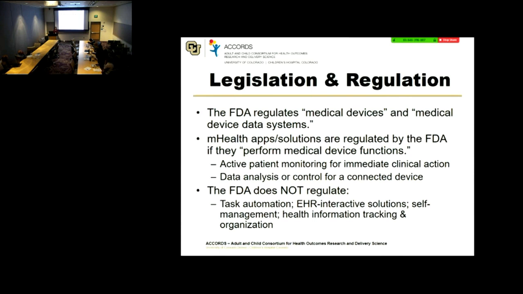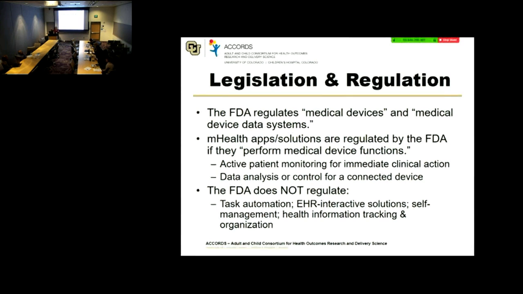If it's not performing a medical device function, if it's more of a wellness thing, or if it's providing information that doesn't necessarily lead directly to a change in clinical treatment or medical outcomes, they are not interested in regulating it. They don't want to regulate anything that's interactive with an EHR, for example.